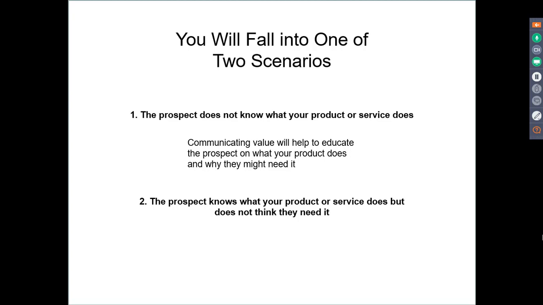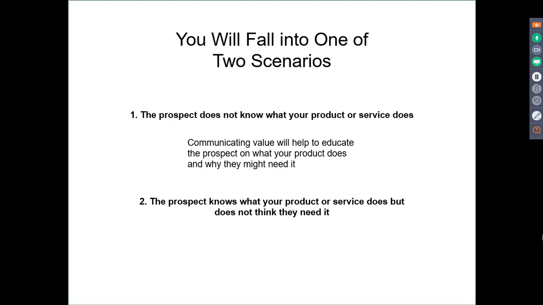Meaning, if you're the alien looking at the $100 bill, this would be explaining that it can be exchanged for other goods and services. Or if your technology is a black box, this is communicating to someone what the black box does.